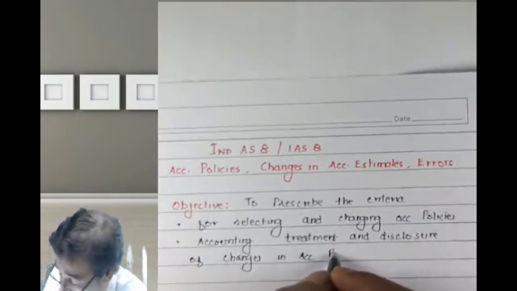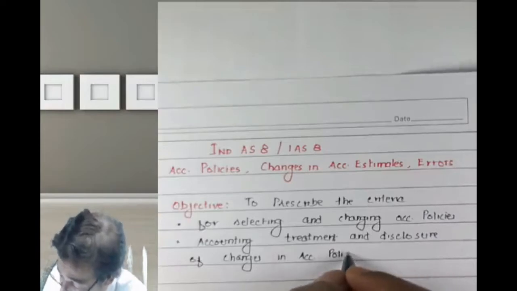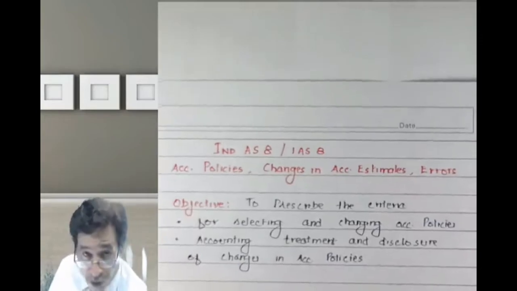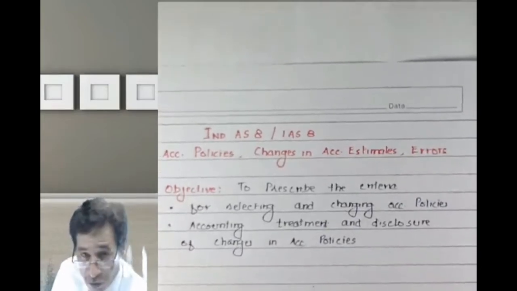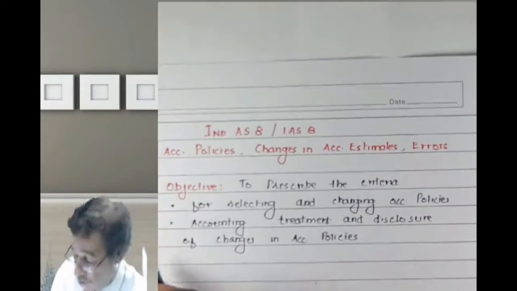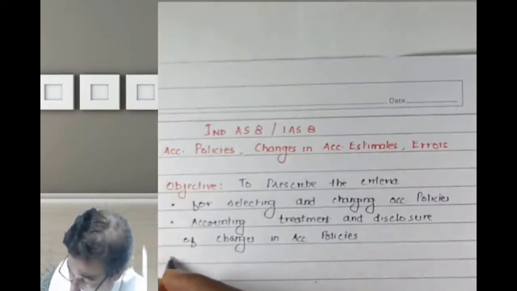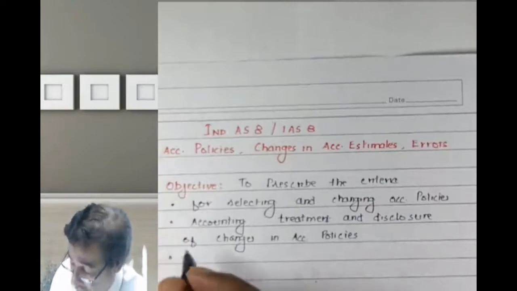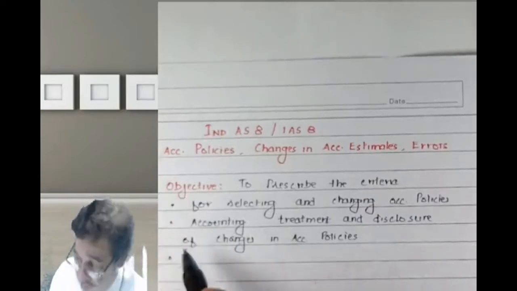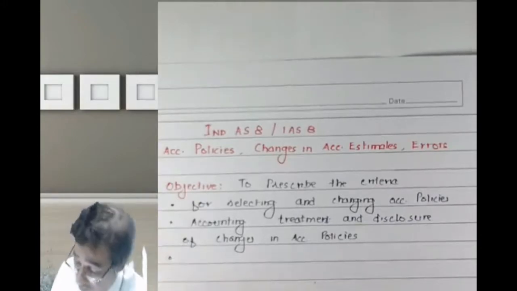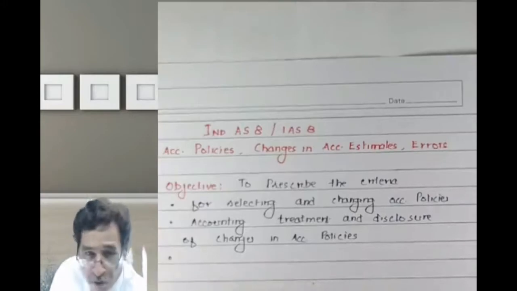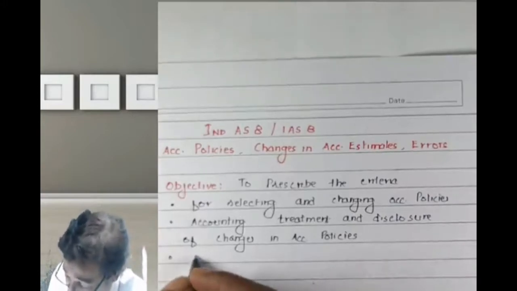Besides this, the standard will provide guidelines with respect to the accounting treatment: whenever we are going to change the accounting policy, how we are going to account for it, and besides that what disclosures we need to furnish at that time. These are the criteria which this standard provides. In fact, that is exactly the objective of this standard. Besides, this standard also delivers criteria with respect to the accounting treatment and disclosure of changes in accounting estimates.